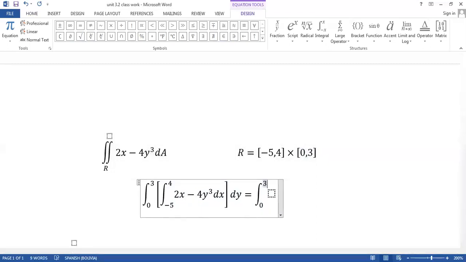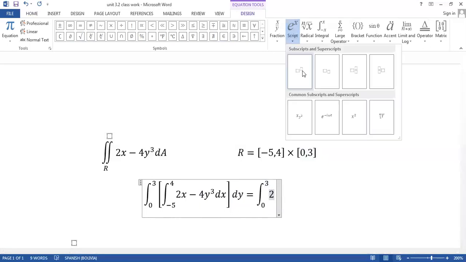And then we're just going to integrate what's inside here now. So let's integrate it with respect to x. That becomes 2x squared over 2.